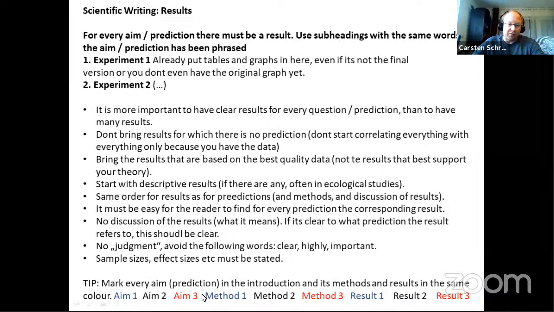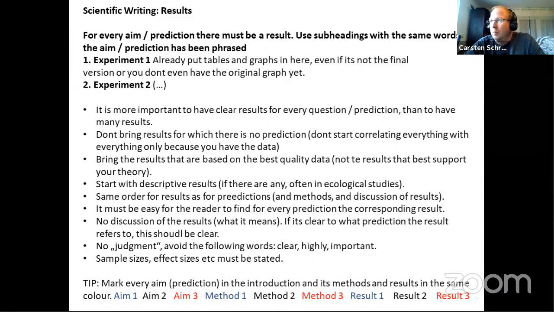And if you then find the French flag in the introduction, in the methods, and in the results section, then you know you did a good job, it's very clear, and you can be proud of it. If not, then you have to think about why you present the results differently. Do you have to change the results section? Or maybe did you make a logical mistake in the introduction? In fact, maybe aim 3 should be aim 2, and then you should restructure it here.